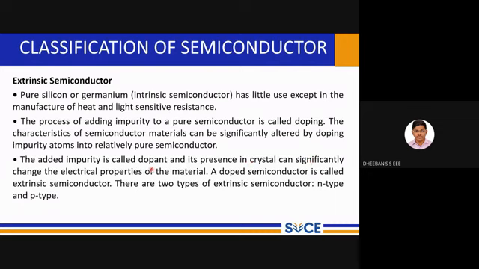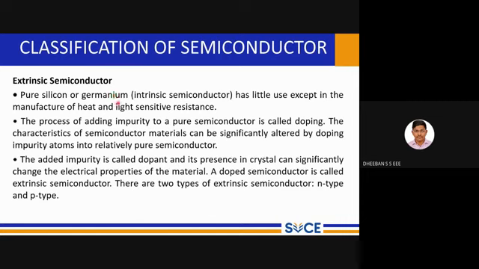Again, the extrinsic semiconductor can be classified into two types: either N type or P type. Now you might be raising a question: what is the necessity of using only silicon or germanium? Why can't we add other elements like sodium or lithium?